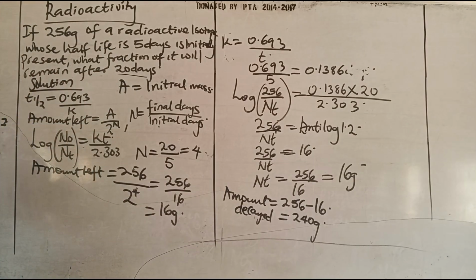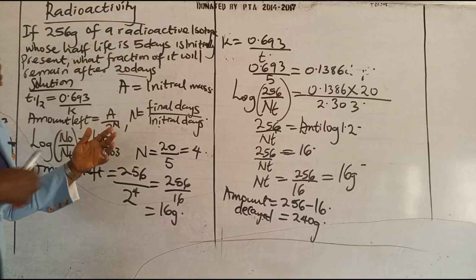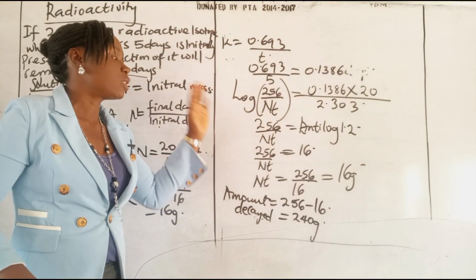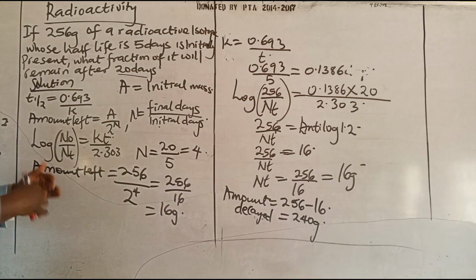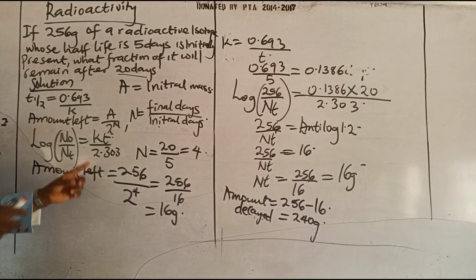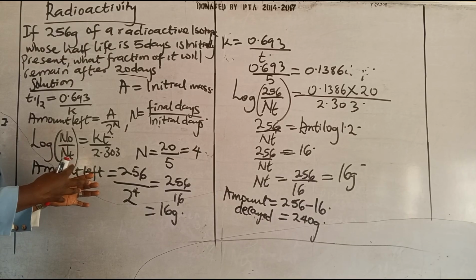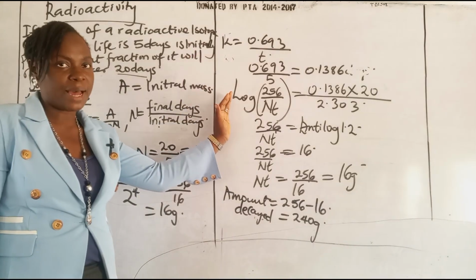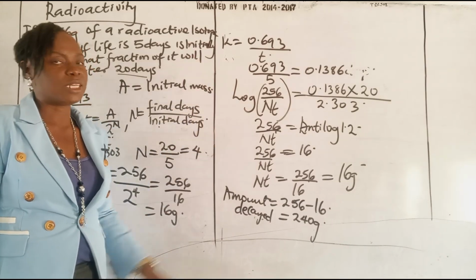That being said, you can easily solve other examples using these two formulas respectively. It's very good that you know how to use this other one. It's not difficult at all. But this one, if you are in a very tight situation and you want to do quick work on time, you use this. But there are some questions that you just have to come back to the log formula and utilize it.